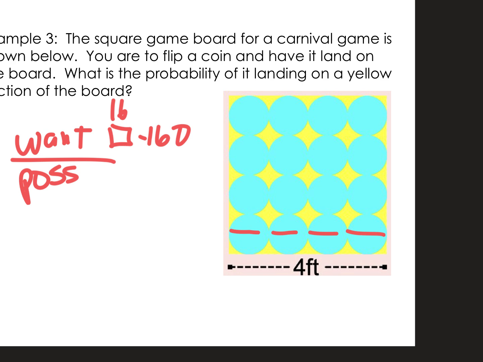So the area of the square is 16 feet. Minus 16 of the circles. The circles, you have to use a half a foot for your radius. All right. And then it's all divided by the possible, which was the whole thing, which was 16.